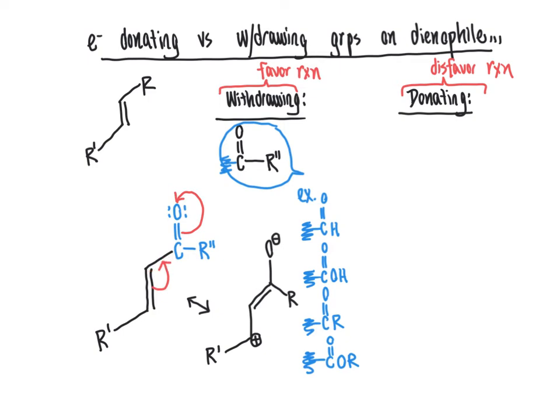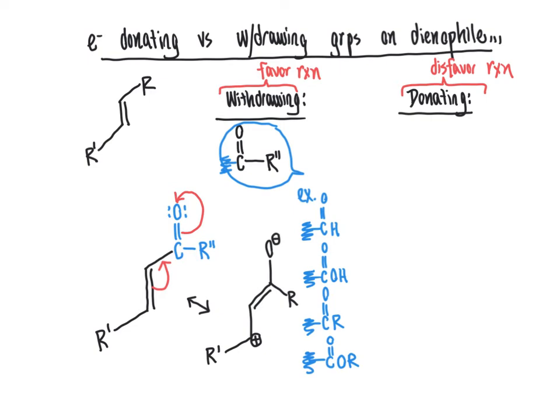When that happens, the electrons from the pi bond of the carbonyl have to go up onto the oxygen, so that puts a negative charge on the oxygen, positive formal charge over here, and the take-home message is that this group of having a carbonyl directly adjacent to the alkene group is electron withdrawing because we can show this second resonance structure indicating a shift of electron density toward that electron withdrawing group. By definition, electron withdrawing groups are pulling electron density toward themselves and away from the rest of the molecule. So this group that we have circled in blue here is electron withdrawing by resonance.